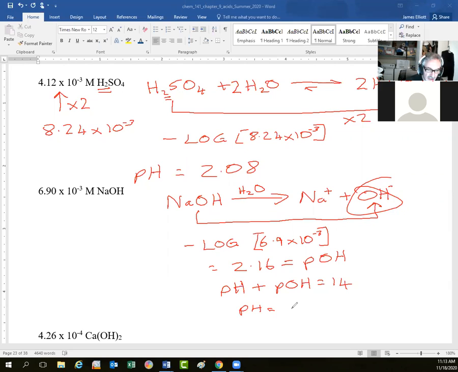So pH is equal to 14 minus the pOH, which would be 14 minus the 2.16. And that gives us 11.84, looks like.